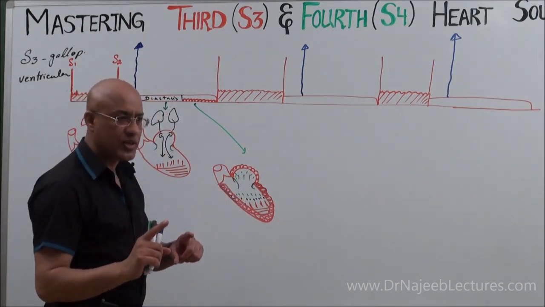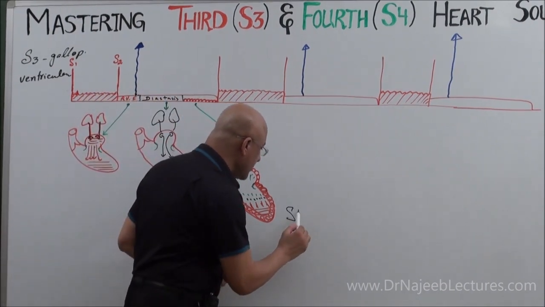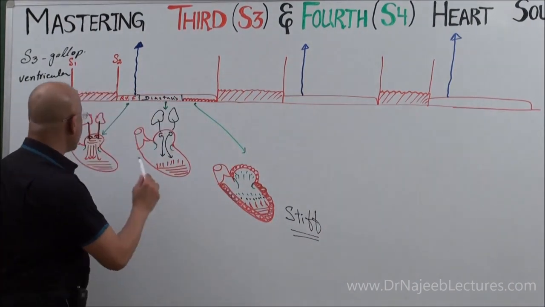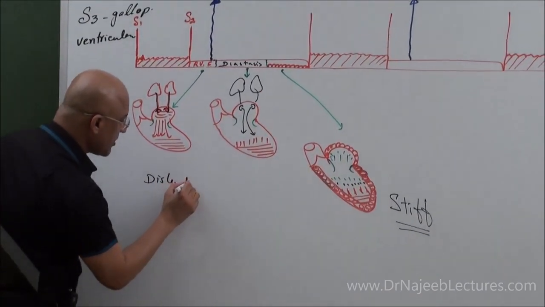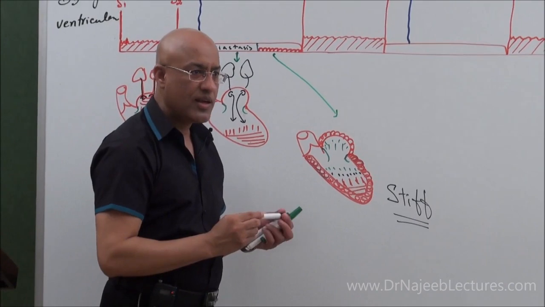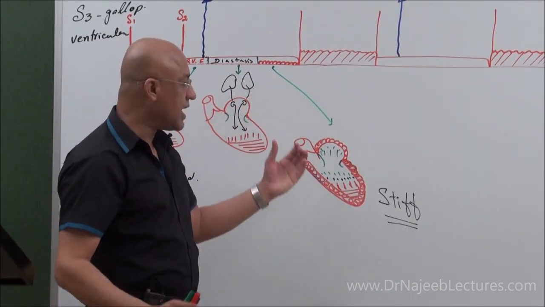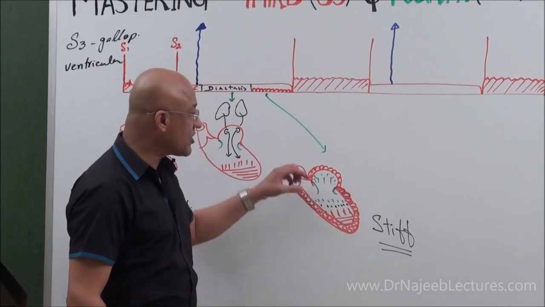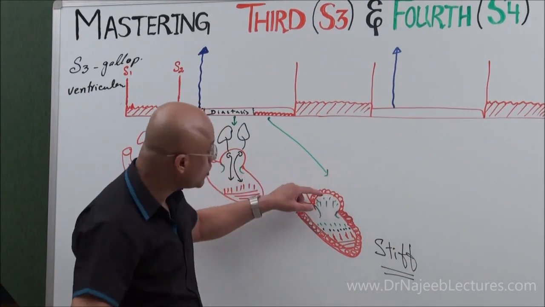So in patients in which the left ventricle is stiff, in the third heart sound it was a distended left ventricle, dilated, distended. Here it is a stiffened left ventricle. So in the last part of diastole, where the left ventricle is stiff and does not distend well, the atria have to contract more strongly than normal to push the blood.